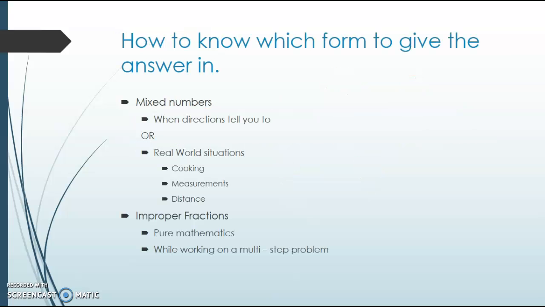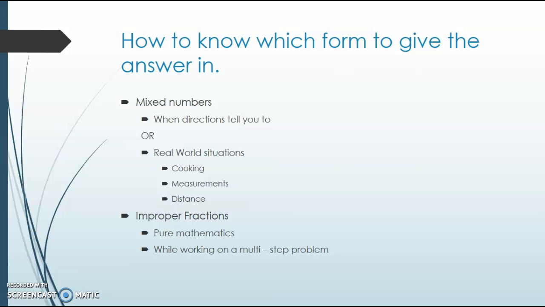Something else we need to discuss is how do I know which of these forms to give my answer in? Well, the easiest is just to look at the directions. What are the directions asking for? Mixed numbers are used when the directions tell you it wants a mixed number, especially in Math Excel, or in real world situations like cooking, where we're talking about 2 1/4 cups of flour.